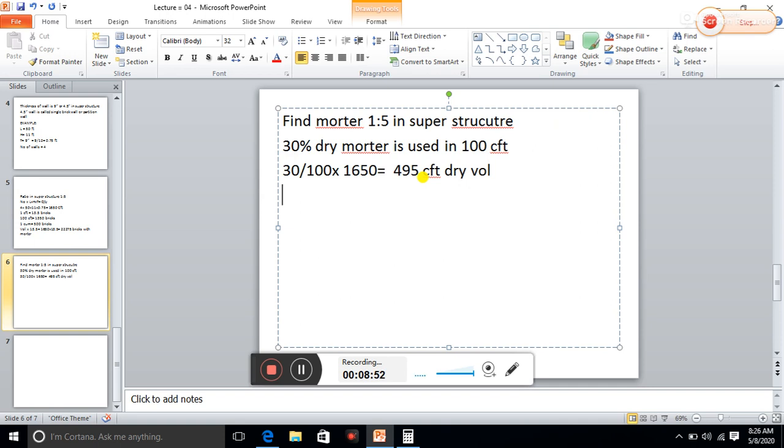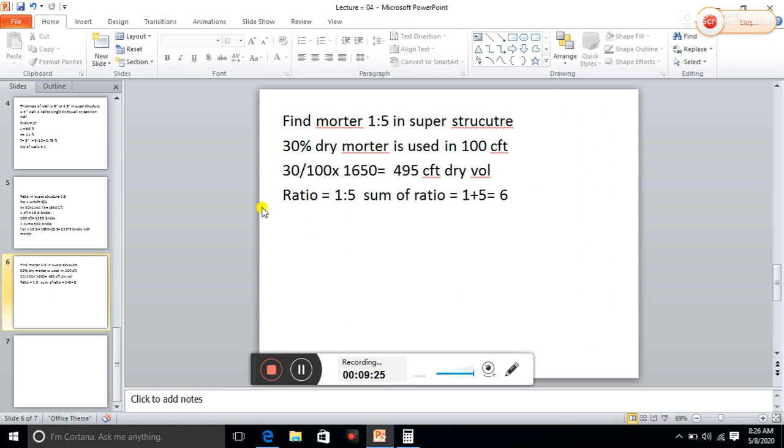Now we will find cement and sand quantity. First of all, ratio 1:5, sum of ratio is equal to 1 plus 5 is equal to 6. So sum of ratio is 6. Now we will find the cement quantity.